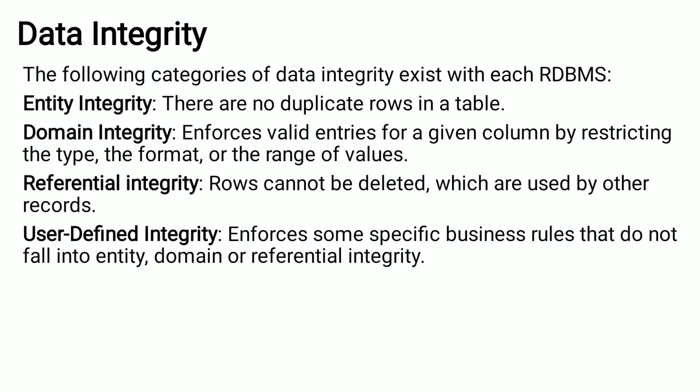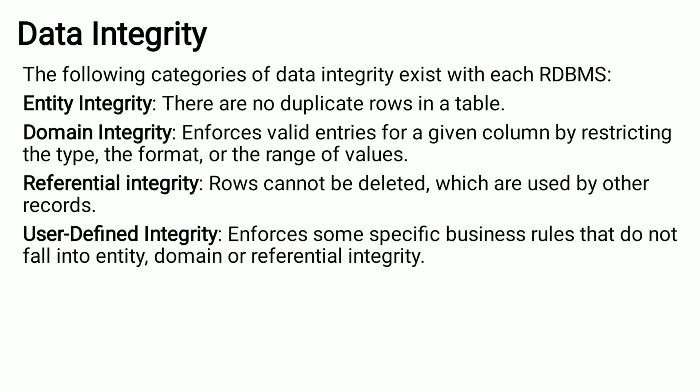Next one is data integrity. The following categories of data integrity exist: entity integrity, domain integrity, referential integrity and user defined integrity. Entity integrity means there are no duplicate rows in a table. There is no duplication of rows.